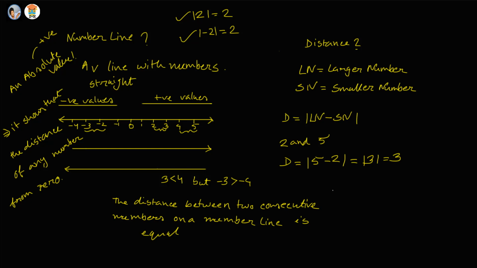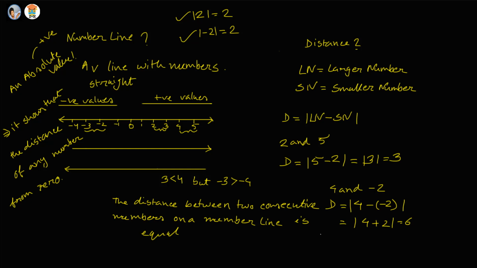Again, the distance between 4 and -2. Here the distance d is equal to large number 4 minus smaller number -2 modulus sign. It will be 4 plus 2, it will be equal to 6.